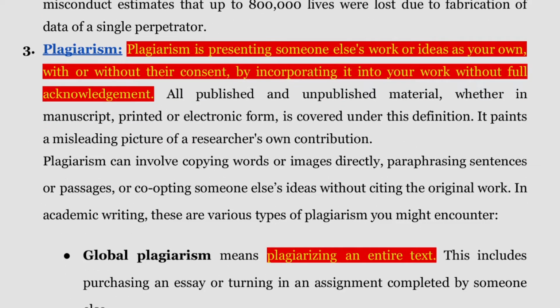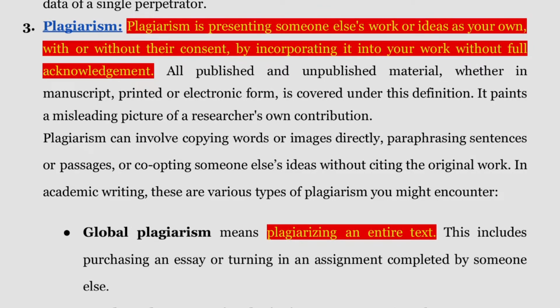Now plagiarism. We have seen in the question paper that a question has been asked on plagiarism, a very important part of research publication. Plagiarism is a well-known keyword in research and research publications. So what is plagiarism? Plagiarism is presenting someone else's work or ideas as your own, with or without their consent, by incorporating it into your work without full acknowledgement.